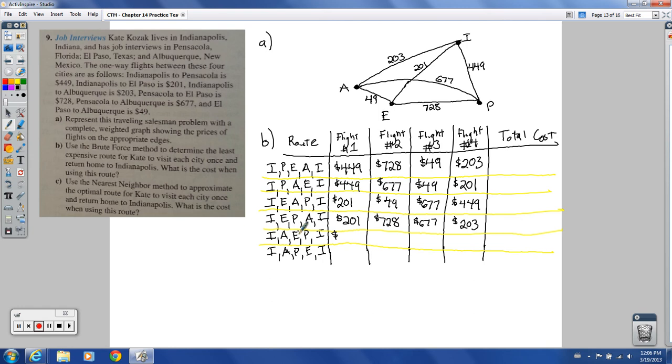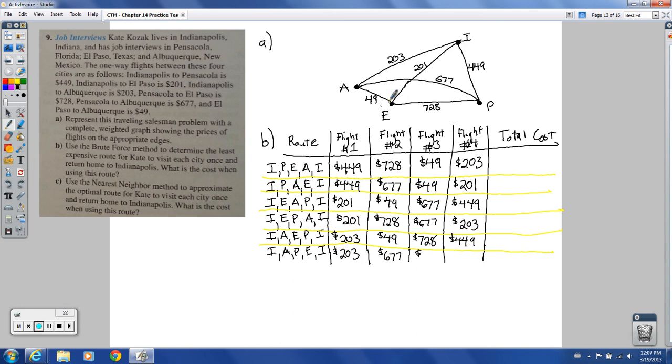Indianapolis to Albuquerque, 203, to El Paso, 49, to Pensacola, 728, and back to Indianapolis, 449, and then finally last one here, Indianapolis to Albuquerque, 203, to Pensacola, 677, to El Paso, 201, and oh, I messed that up.